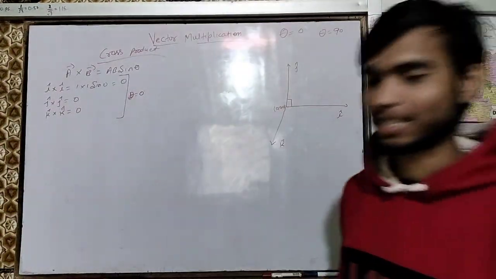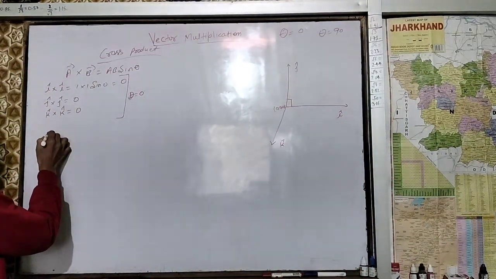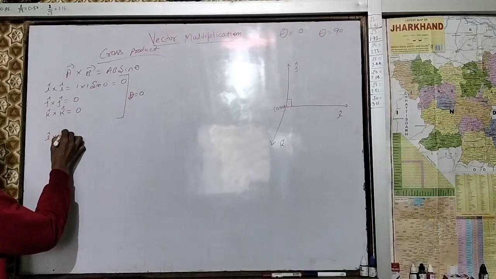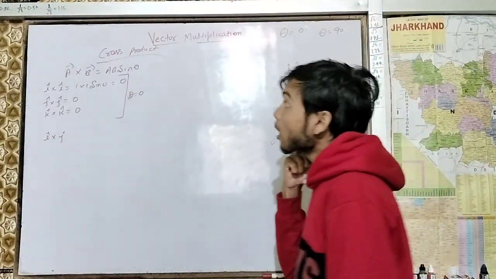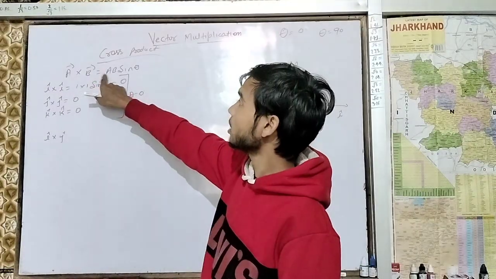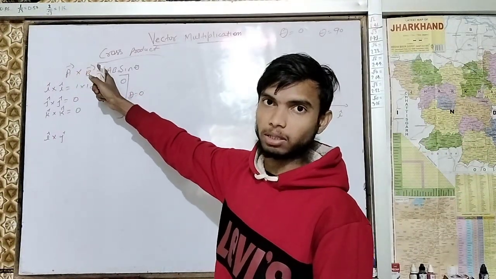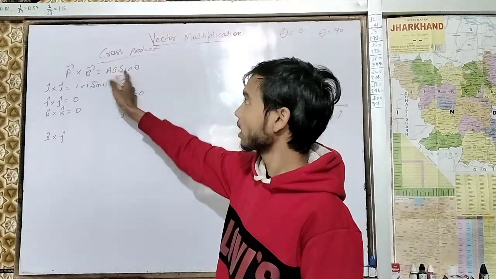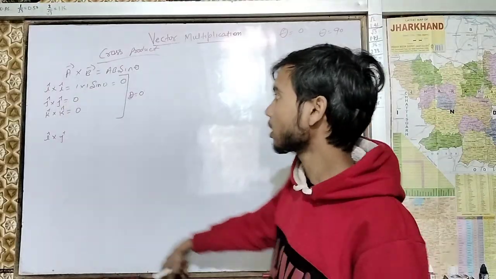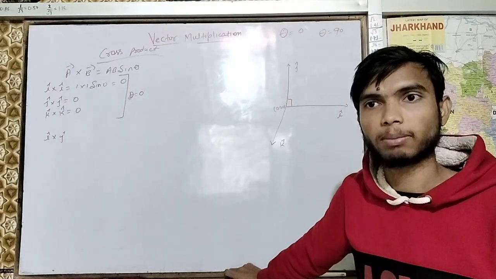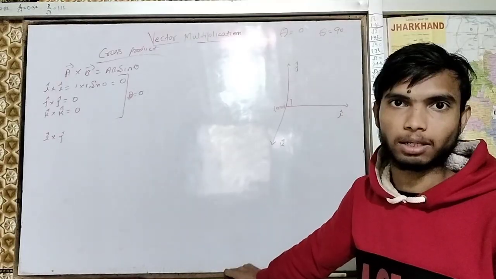Now let's take different ones. i cap cross j cap. Here, if you use this formula, it is a half incomplete formula, I would say. At the end, you will get only a magnitude. But what about the direction? As we said, when we multiply two vectors, the result would be a vector again.